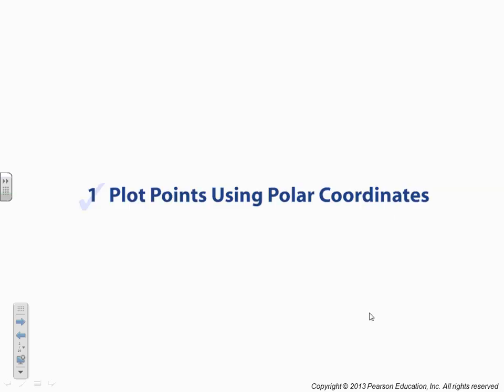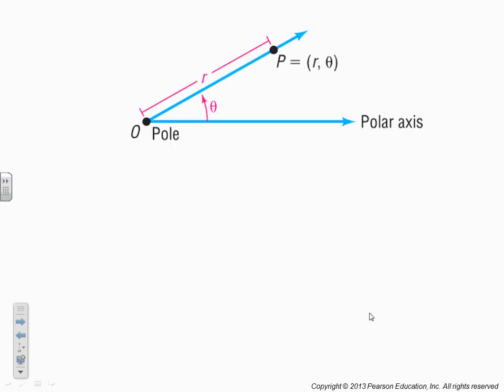So we're going to plot some points using polar coordinates. When we're talking polar coordinates, we're talking a radius and an angle. So your angle tells you how far from the polar axis you've rotated, and the radius tells you how far out at that angle you're going.